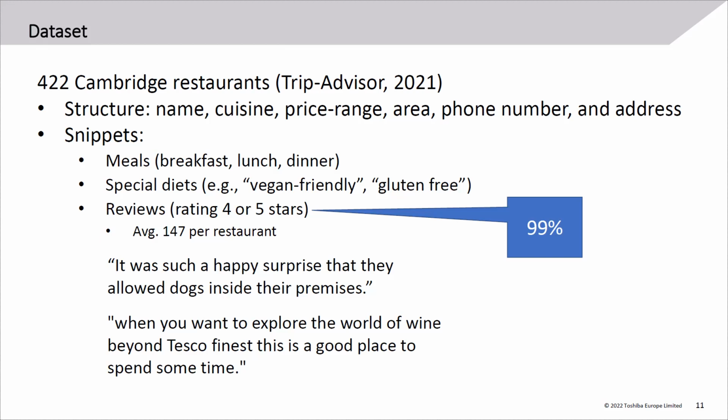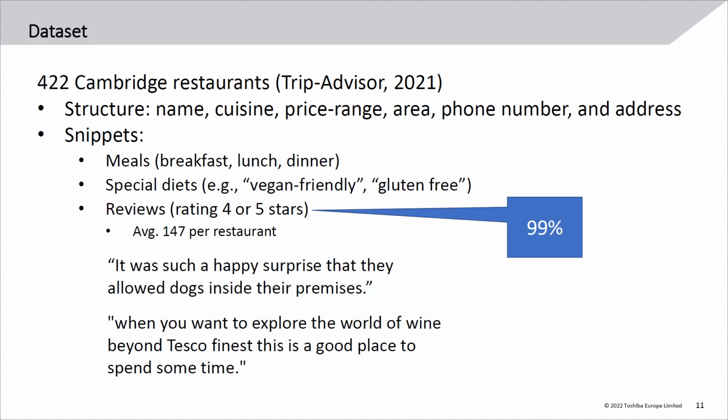There are 147 reviews on average per restaurant, but it really ranges. Some restaurants have almost no reviews, and some have a large number of reviews. So that's why we decided to keep meals and special diets in the list of snippets, although you could argue that you could make them part of the database structure.